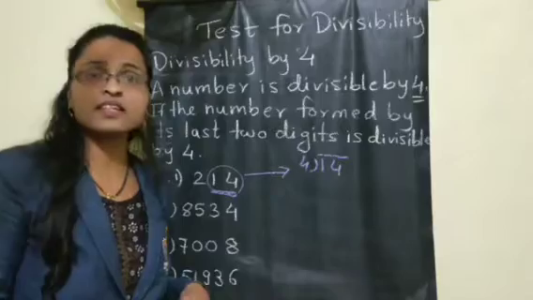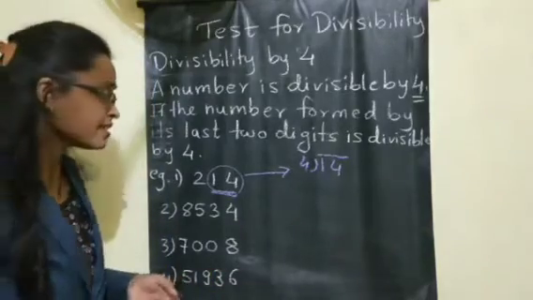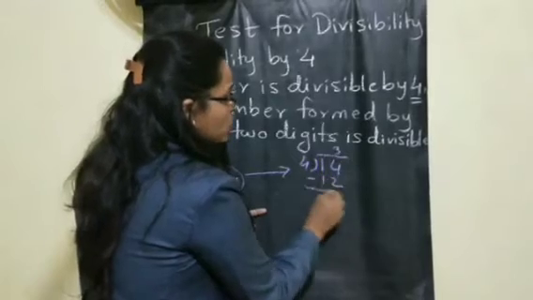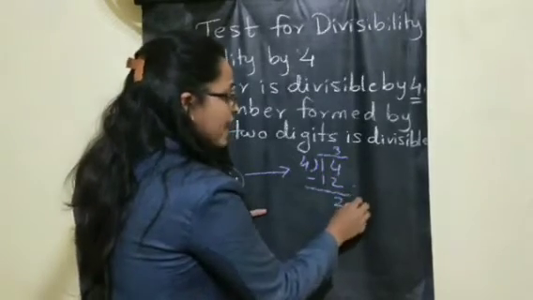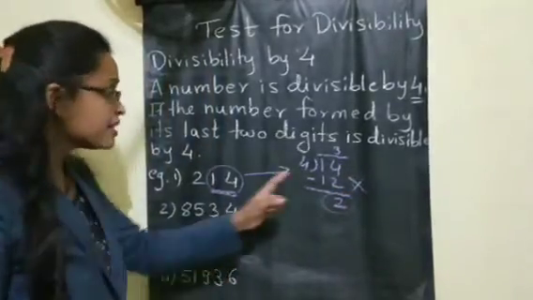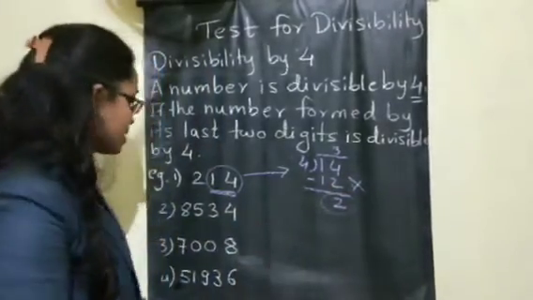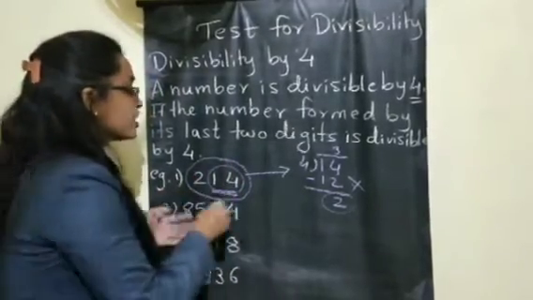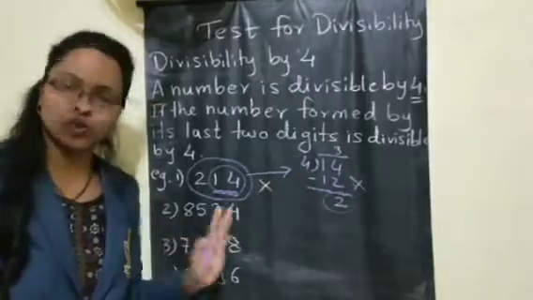No, 4 3s are 12 and 4 4s are 16. So smallest number is what? 4 3s are 12. So remainder is 2, means this is not exact division. This division is not exact. Means it is not divisible by 4, means this full number children is not divisible by 4.